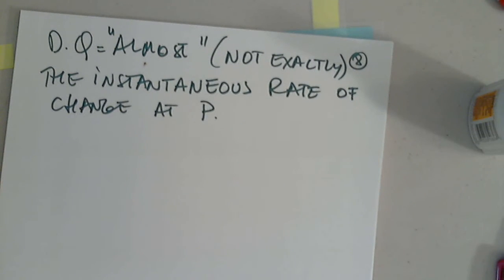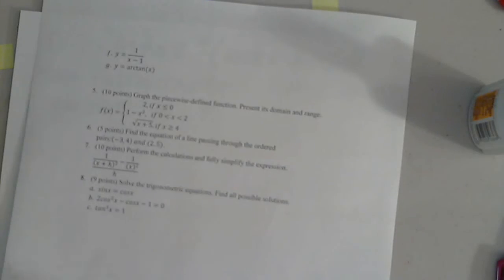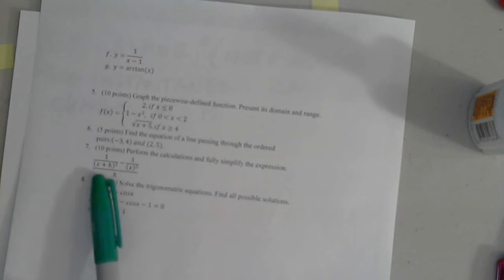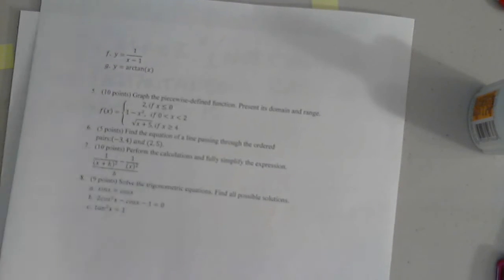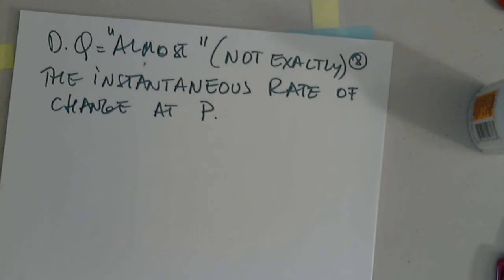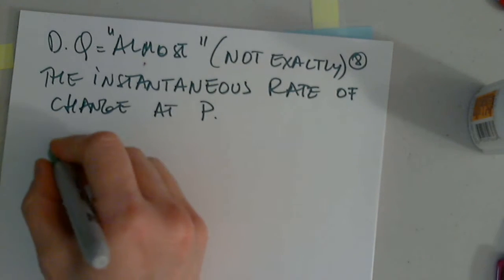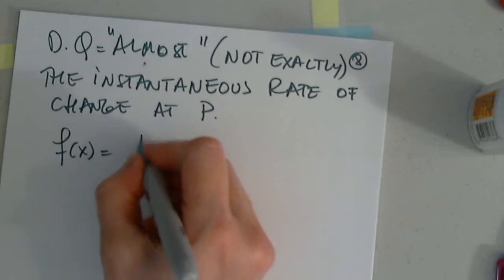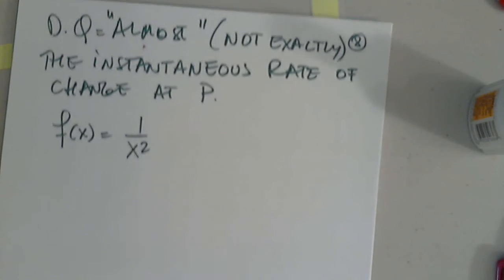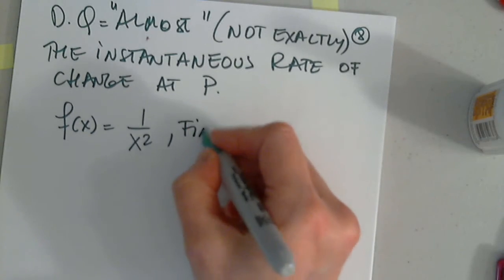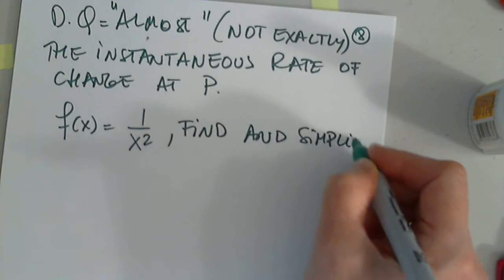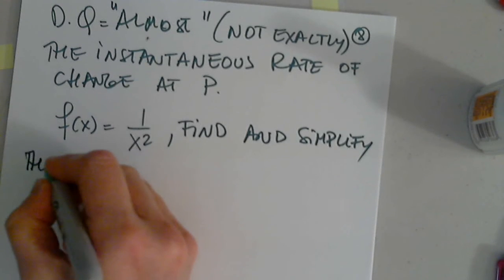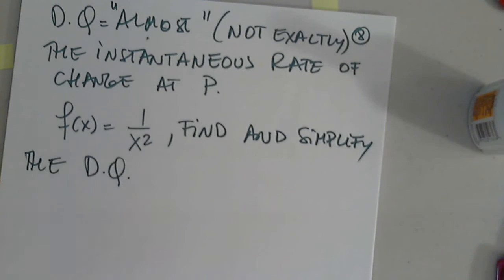So now we can determine, where is my, here it is. The difference quotient for the function 1 over x squared. So for f of x equals 1 over x squared, find and simplify the difference quotient.